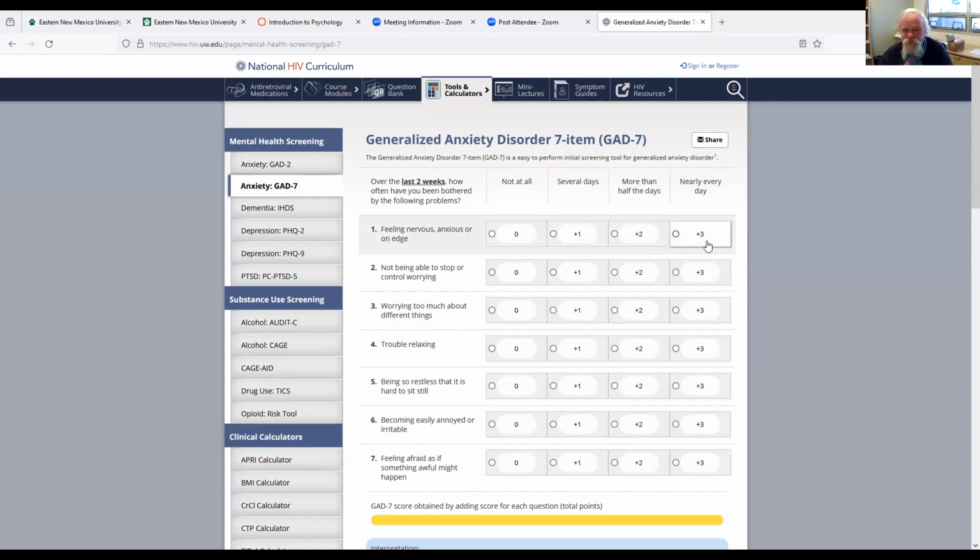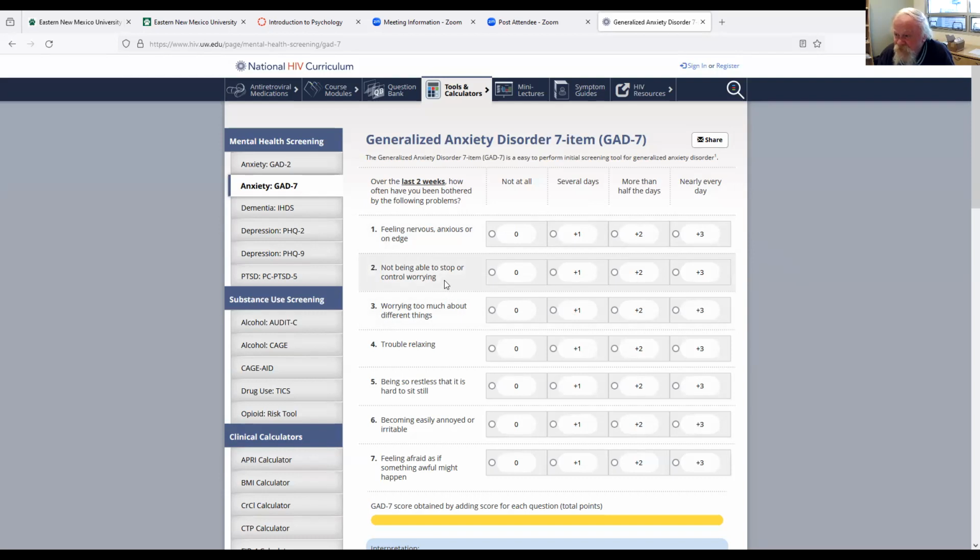Okay, do you see that? All right, how much in the last 2 weeks have you been bothered by the following problems? It says feeling nervous, anxious, or on edge. Okay. Not at all, several days, more than half the days, nearly every day during the 2-week period.